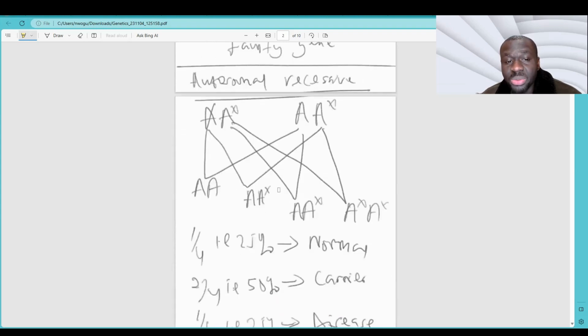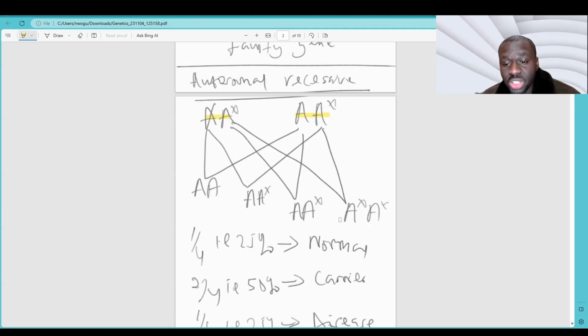Now, another scenario you also want to be able to explain to the patient: as we said, if their partner is also a cystic fibrosis carrier, let's assume the patient that's coming to you and their partner both have the cystic fibrosis gene, so they're carrying it. If you do this Mendelian cross-match, both of them are carriers.